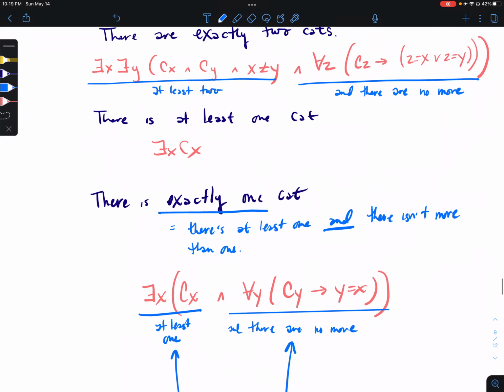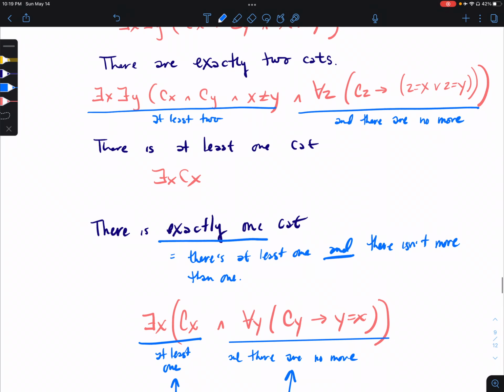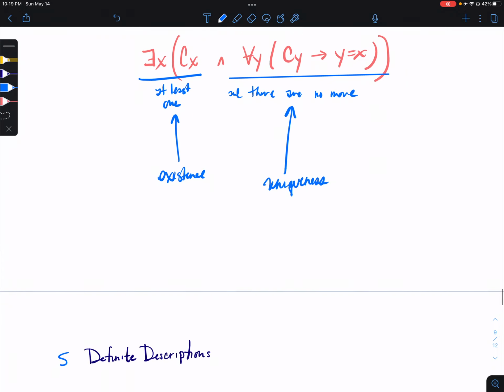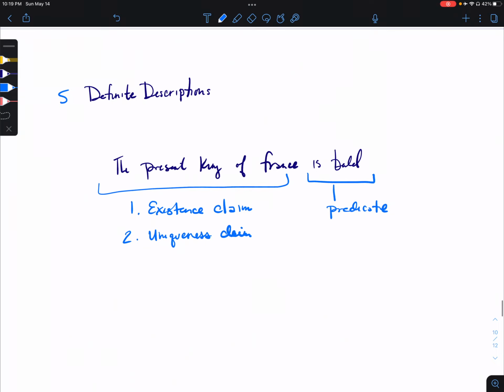Unique means one. And so here, I'm not going to call this the uniqueness claim because it doesn't say there's exactly one. It's the and there are no more claim. We could call it different things. But for definite descriptions, we're saying I'm describing an individual, but I'm asserting that it exists and that it's unique in doing it.